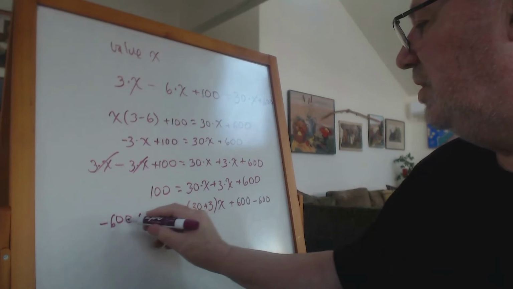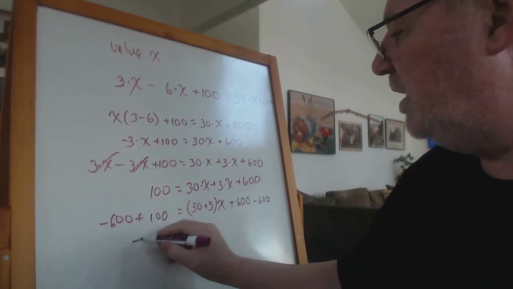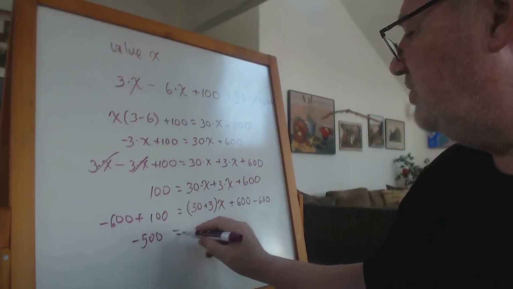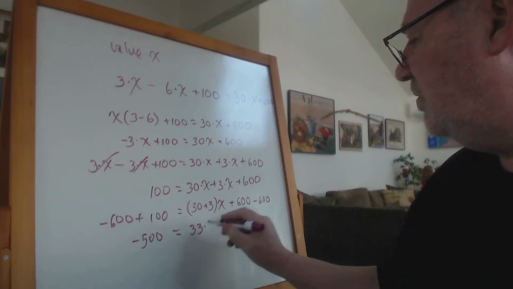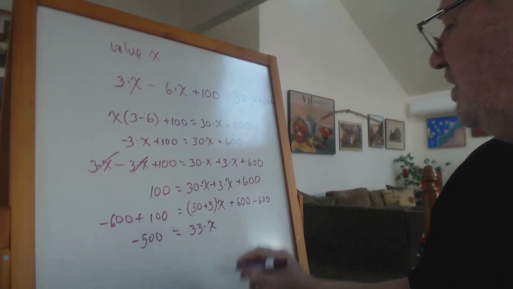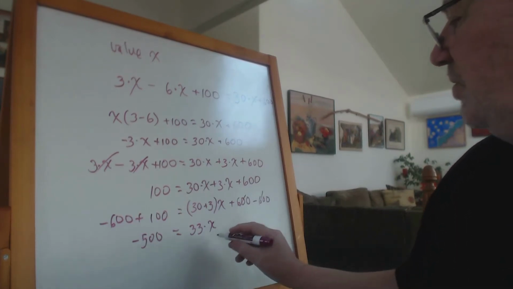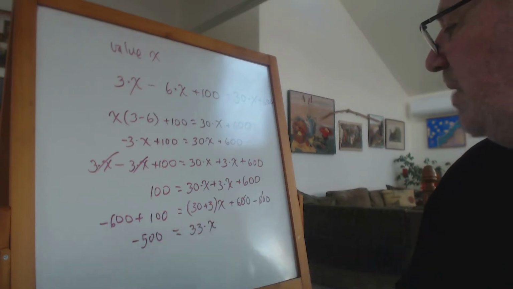So minus 600 plus 100 is minus 500, and that's equal to 30 plus 3, or 33x, and these cancel. And so we have 33x equals minus 500.